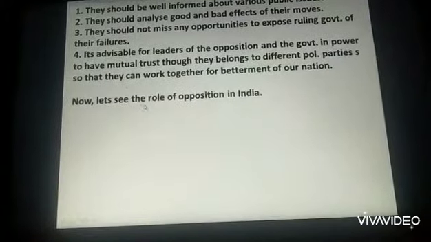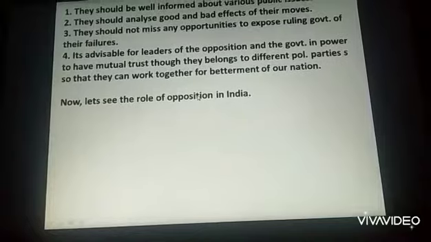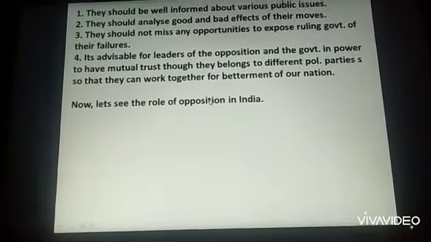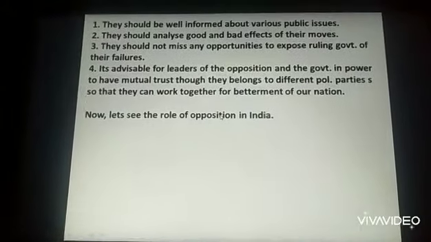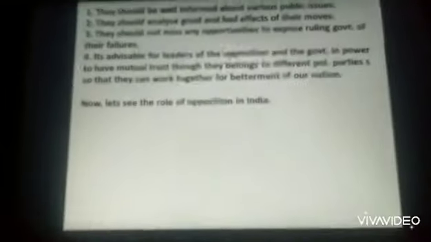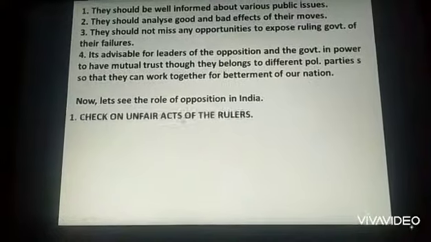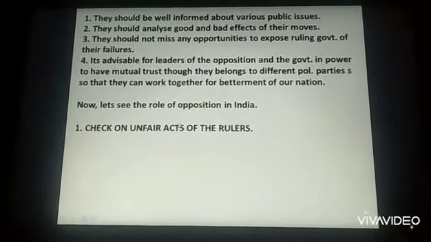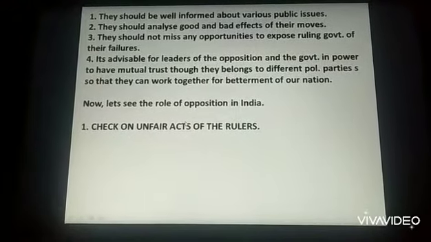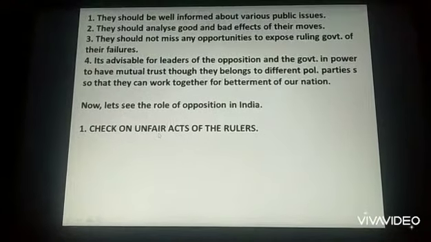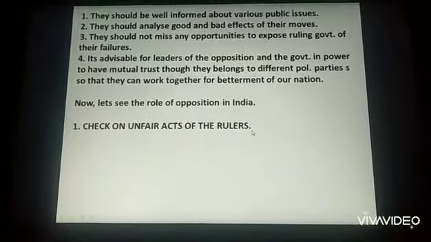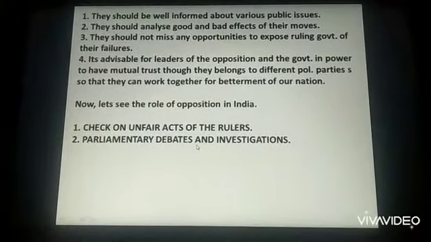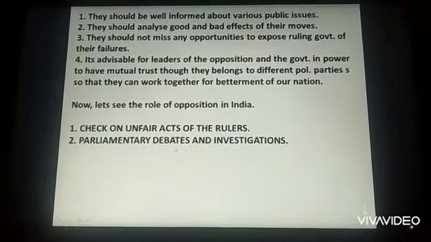Now let's see the role of opposition in India. We are not talking particularly about India, but the democratic form of government in general. Like any other opposition party, even the opposition party in India checks on the unfair acts of the rulers, same as the first point in the role of opposition in democracy.